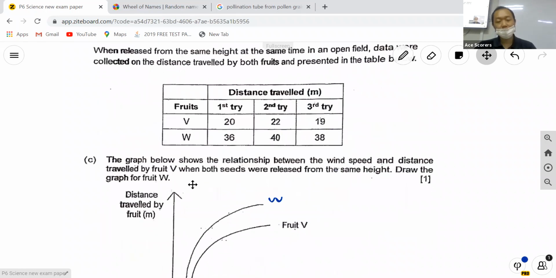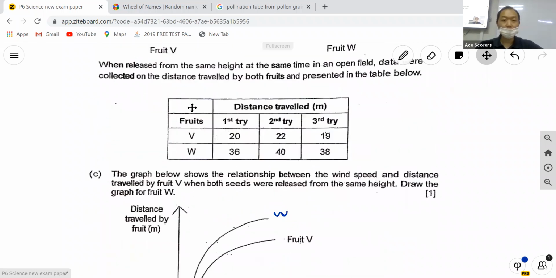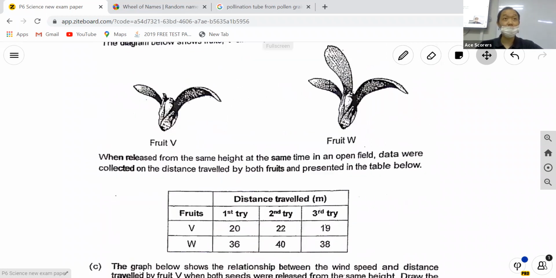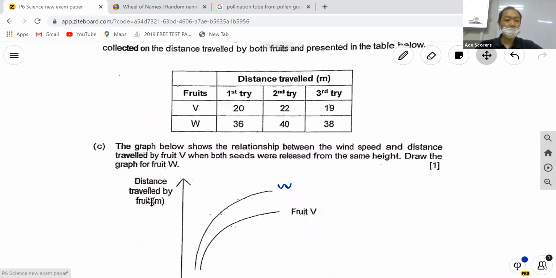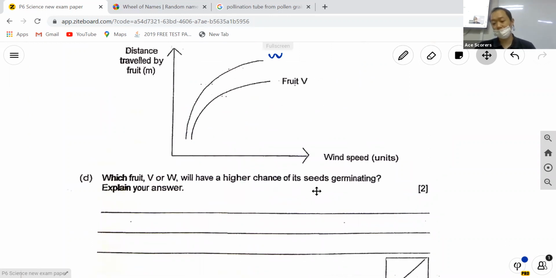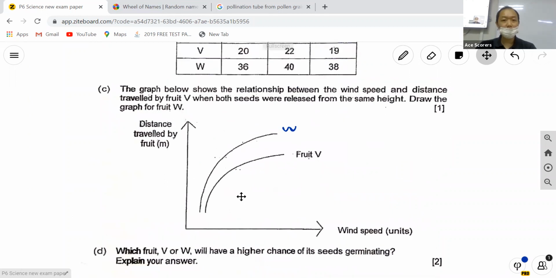W is done. And now looking at this, obviously we know W will take a longer time to land, because it has one more wing as compared to V, and the wings are bigger than V as well. Which fruit will have a high chance of the seeds germinating? Jobel.